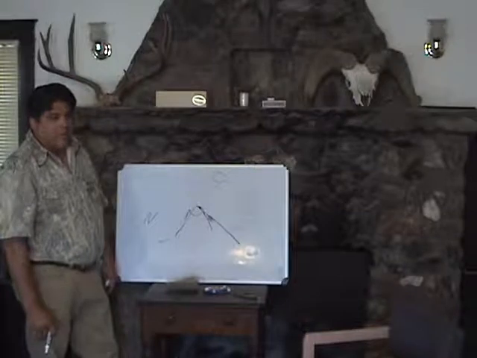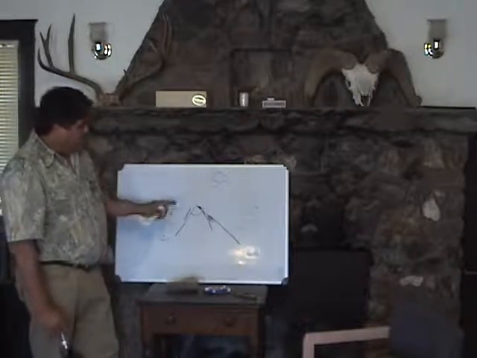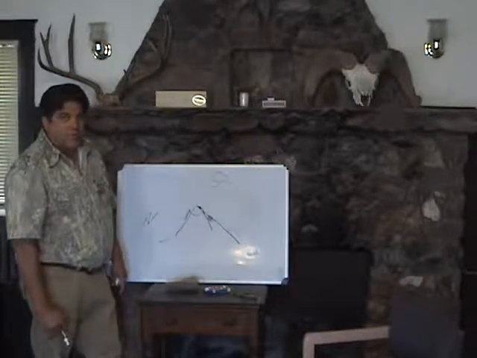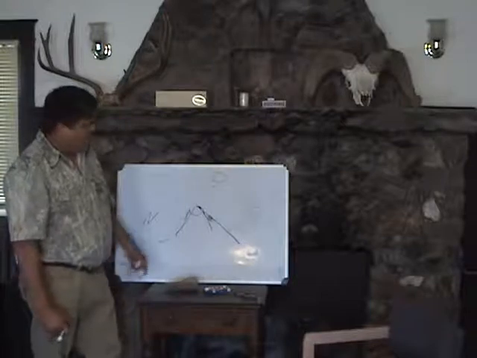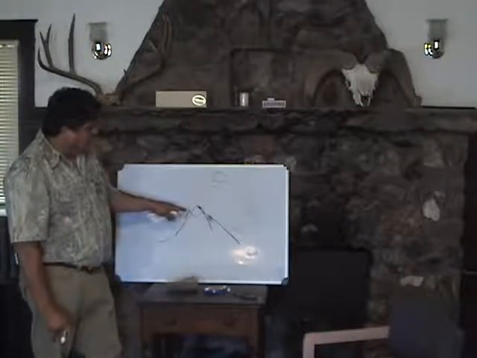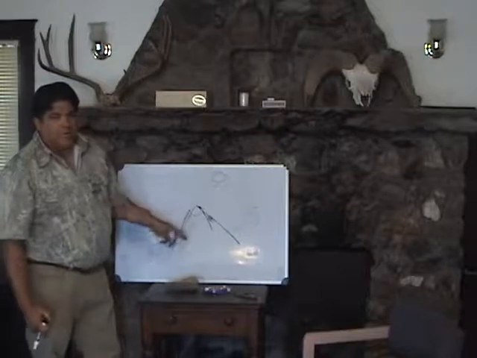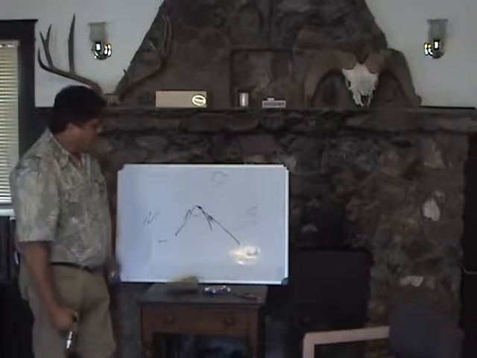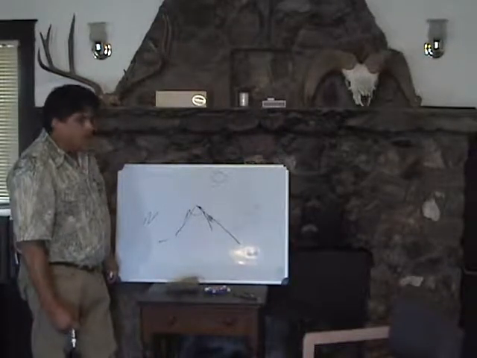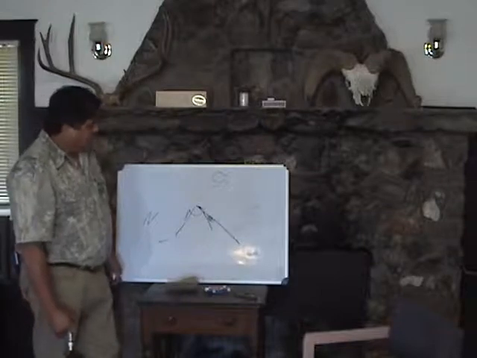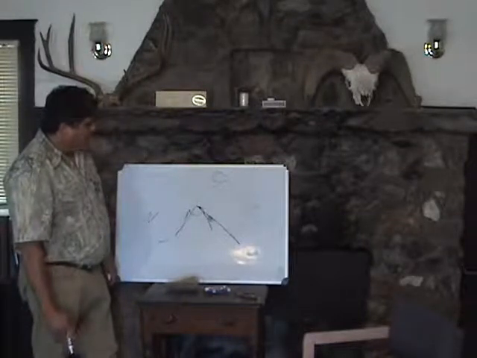Whether they live or die may count on some days on which side of the slope they find themselves, where you can get as many as 30 degrees difference. It's amazing sometimes the amount of temperature difference that you can find between one slope and the other.